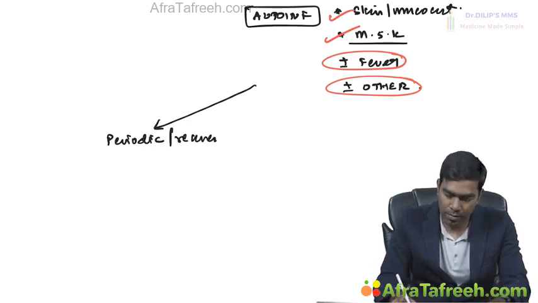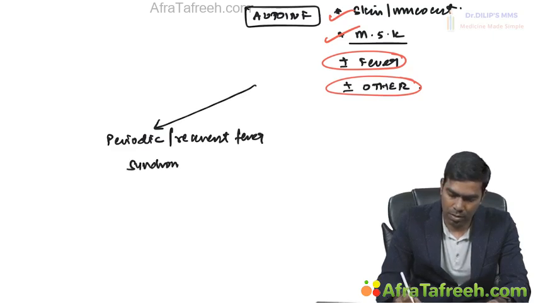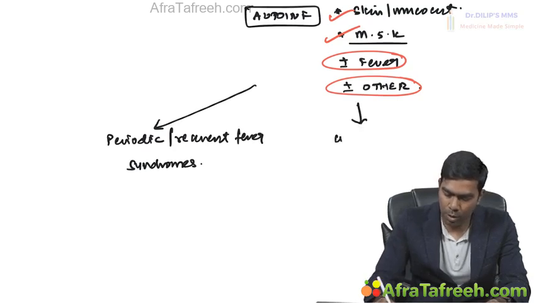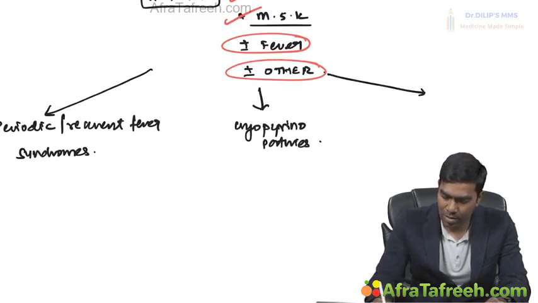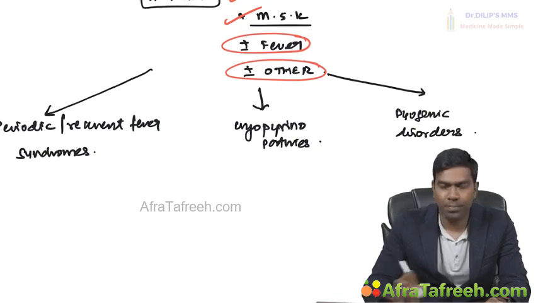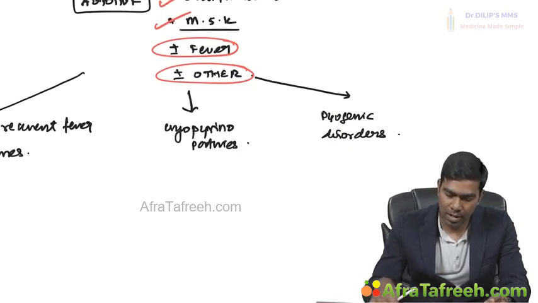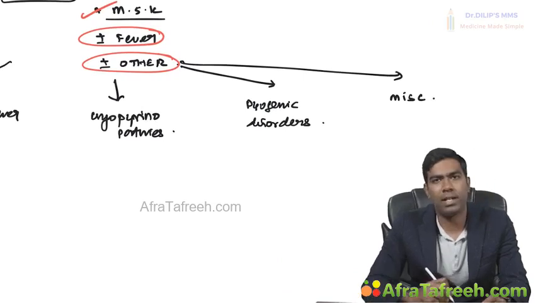Second, I'm going to put under cryopyrinopathies. Third, you have pyogenic disorders. And fourth, I can call miscellaneous disorders.